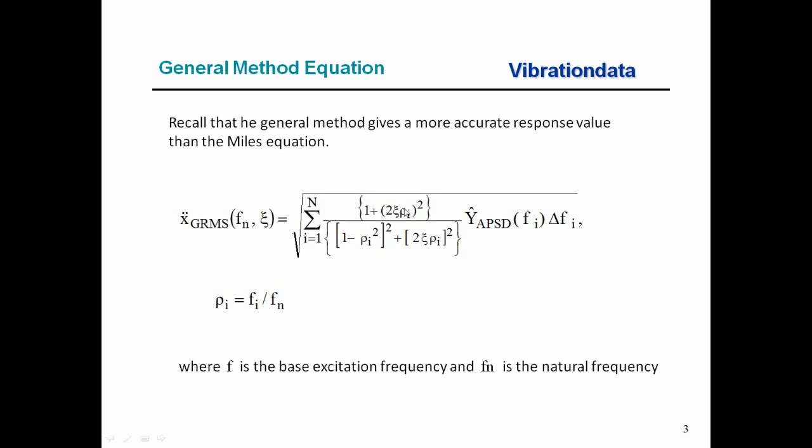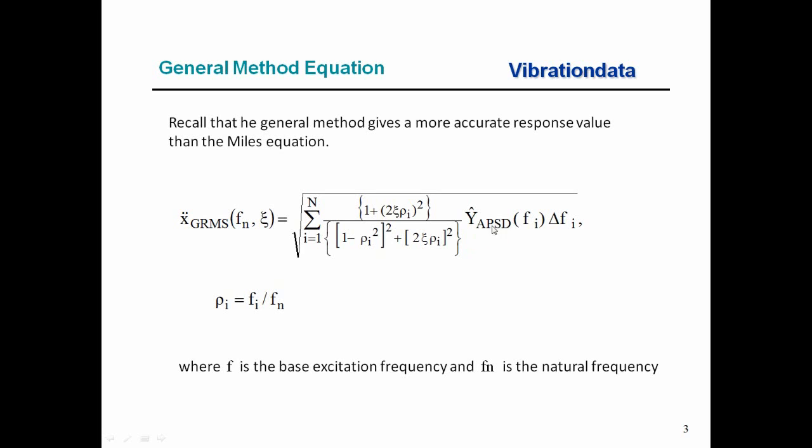And this rho term here, rho sub i, you could think about it as a normalized frequency or a non-dimensional frequency, and that's equal to f sub i, where that's the excitation frequency, divided by the natural frequency f sub n. So we take this power transmissibility and we multiply it by the base input power spectral density, and we do that frequency by frequency.